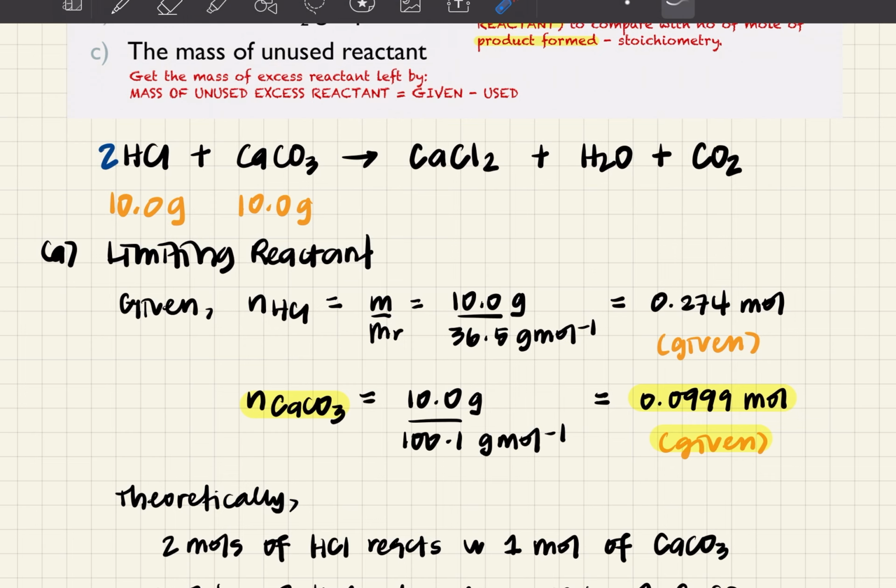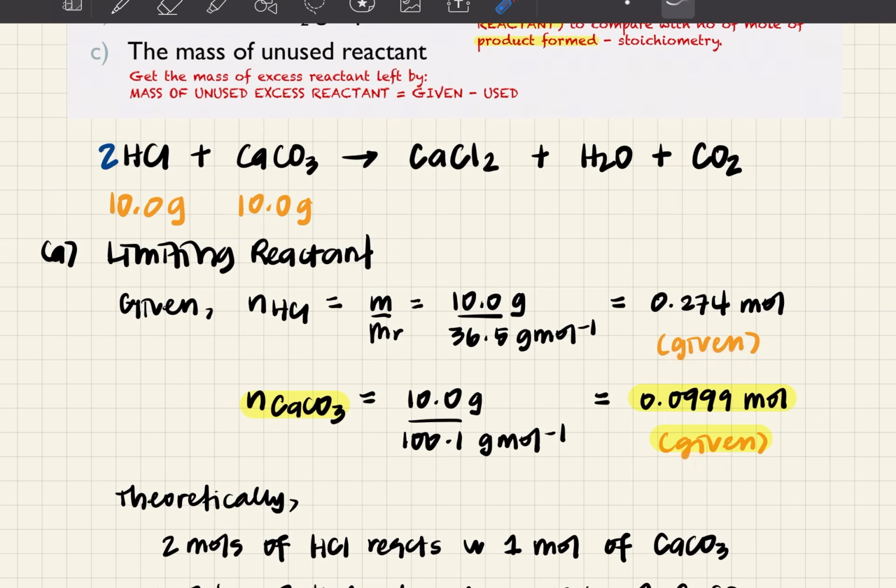Then to find the limiting reactant, we're going to find the number of moles of these two. So since we're given mass, we just find the number of moles. So this will be the number of moles of reactants that are given or available. Ini yang awak ada dalam awak punya eksperimen.